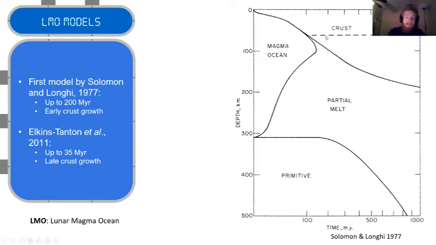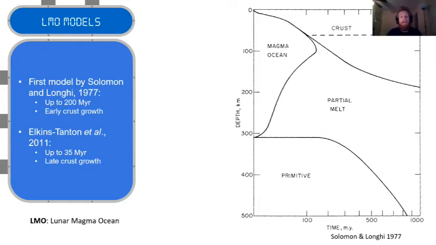But similarly, they didn't have the newest data from GRAIL and everything. So their model ended up predicting magma ocean crystallization in something like 200 million years. But yeah, with all the shortcomings that are due to the fact that they didn't have as much information as we do now.